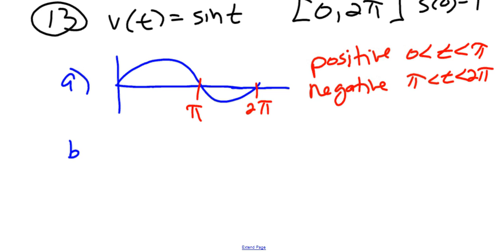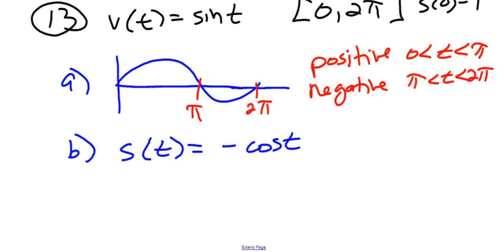So for part B, we said, okay, we're going to take sine of t. We want to find the velocity, take the velocity function and find the position function. So we're going to take the antiderivative and get negative cosine t plus c, and then they gave us that initial value there. So c really was 2 when I plug this all in.